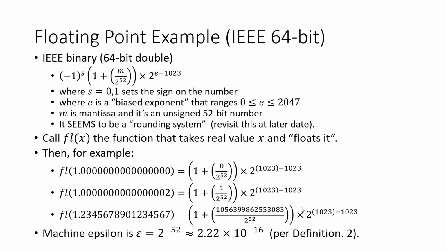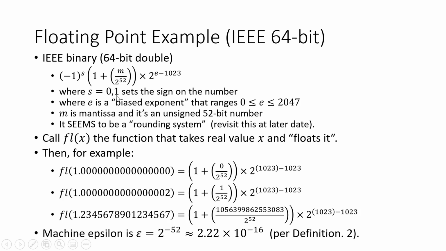Let's take a look at our floating point example, the IEEE 64 double float. You have 64 bits. You have M, a mantissa, that is an unsigned 52-bit number that's stored. You have an exponent e, that's a biased exponent, that's 11 bits, so 52 plus 11 is 63, and then the last bit is used to hold the sign on the number.